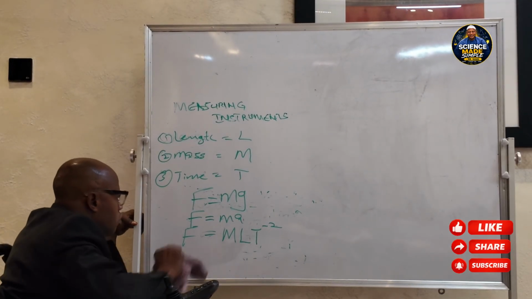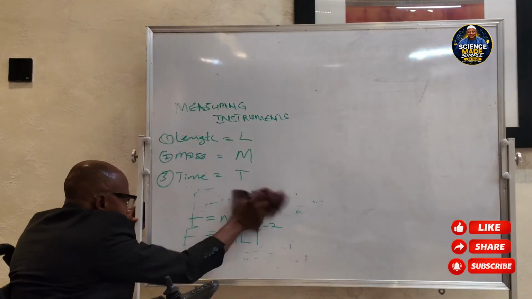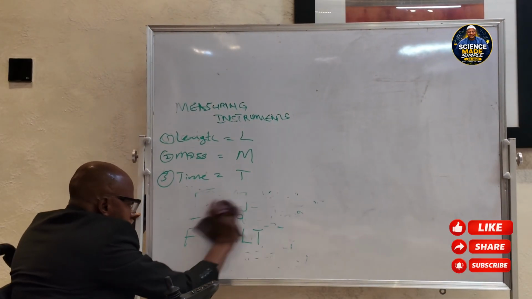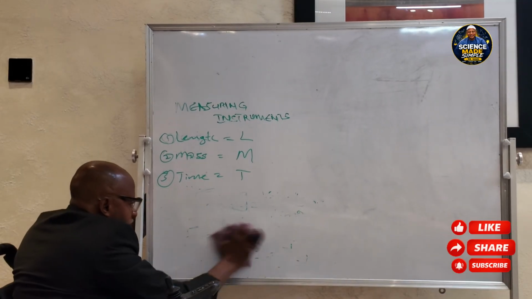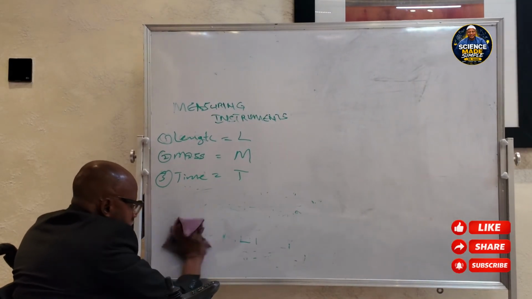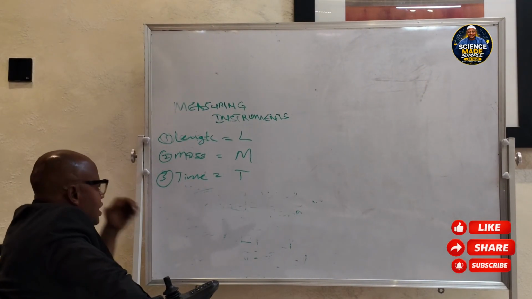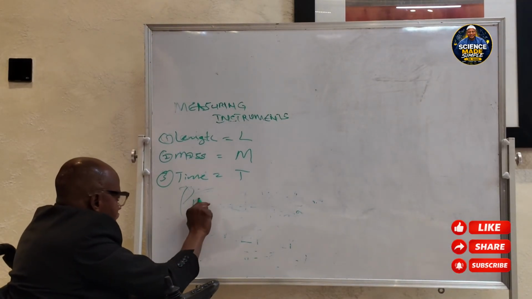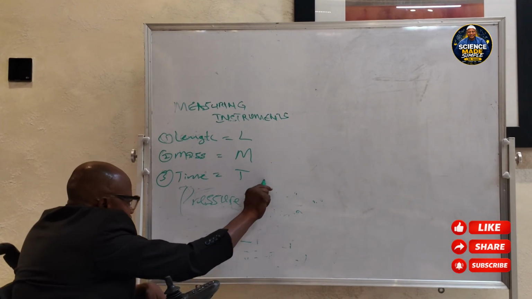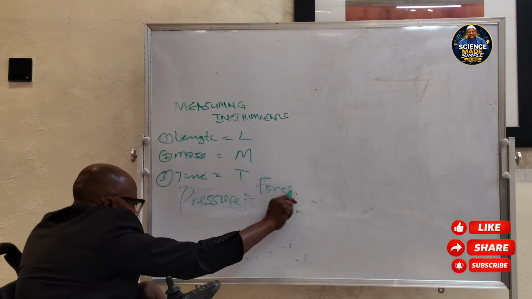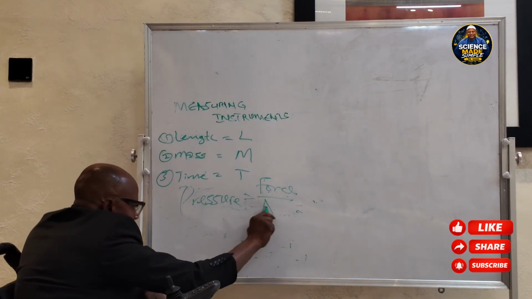You can also do that for pressure. Pressure is another derived quantity. The pressure of a body is force per unit area.